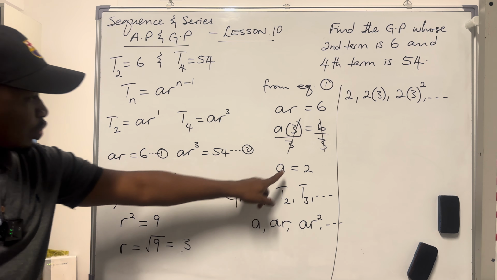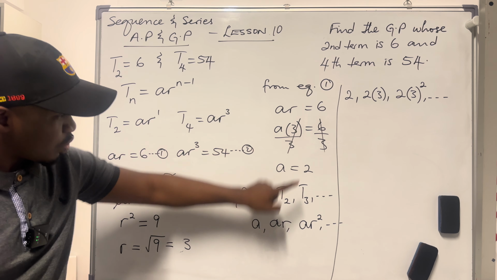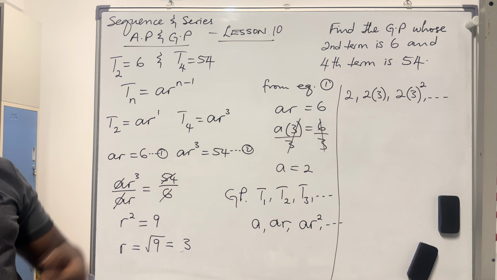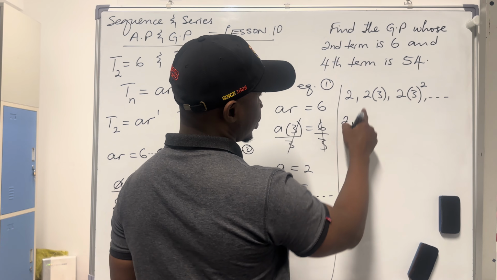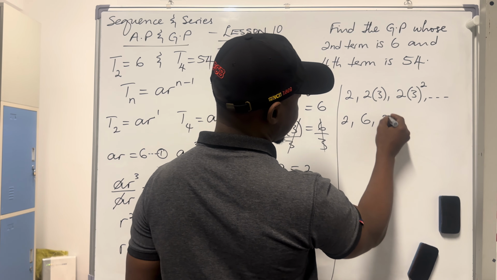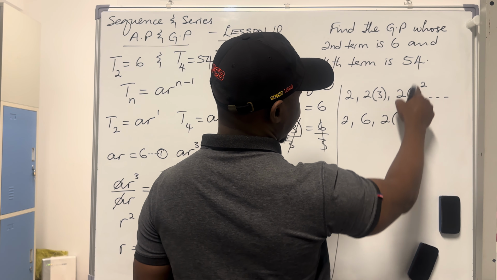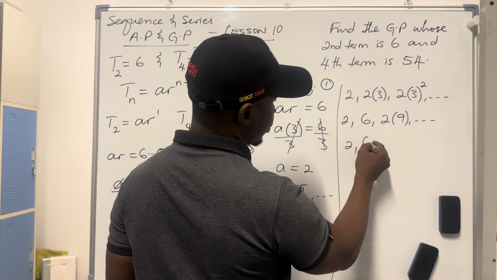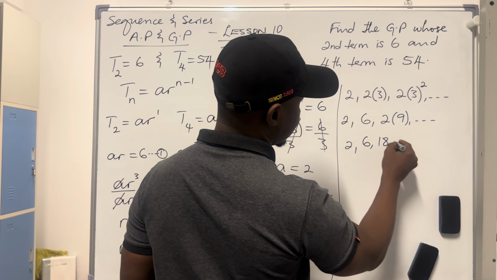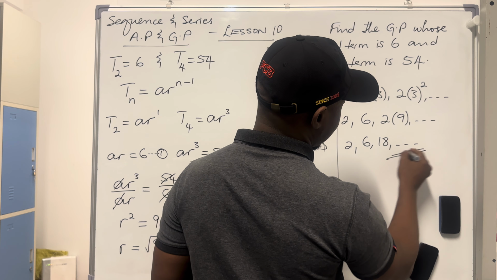A is 2 here, R is 3. So we do substitution here. So this is 2. 2 times 3 is 6. 3 squared is 9. So 2, 6, 18. So this is our GP.